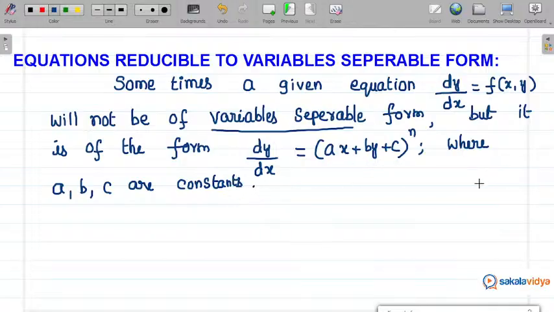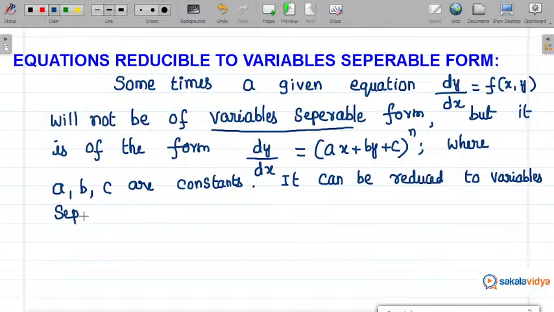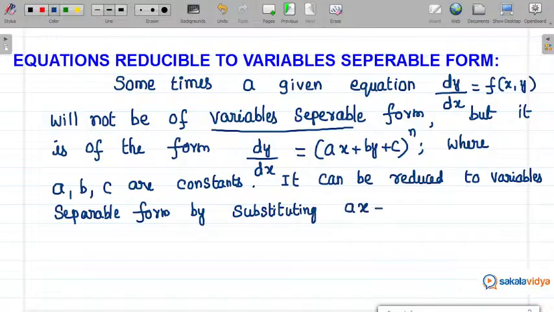So, it can be reduced to variables separable form by substituting ax plus by plus c equals v or z or t, anything.